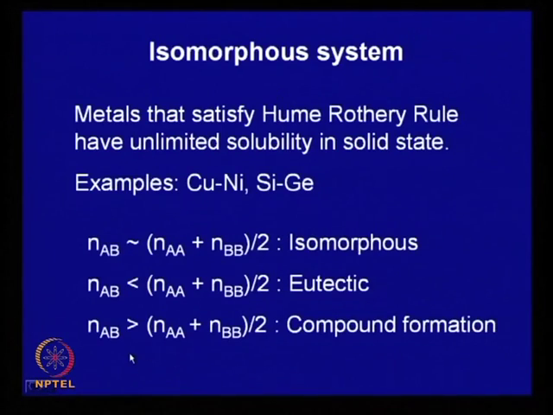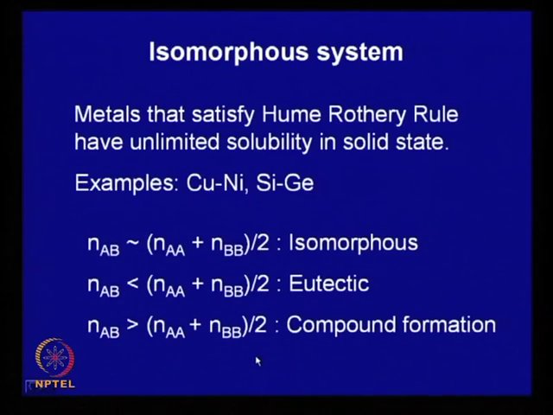In the other case, the number of AB bonds is more than that given by the composition. In that case, there will be a tendency to form a compound, and depending on the extent of deviation, we can have different types of phase diagram.